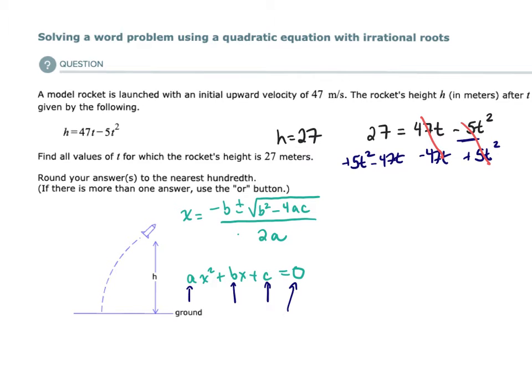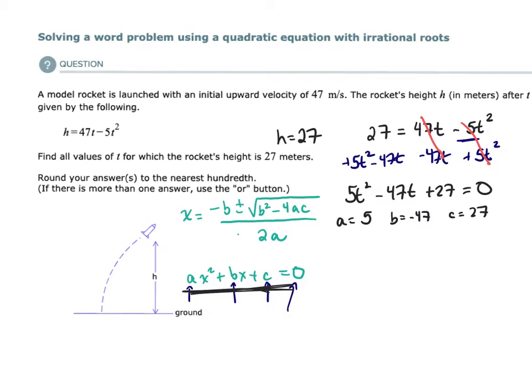What that gives me is positive 5t squared minus 47t plus 27 equals 0. So now it's in the form that we have down here: something squared, something to the first power, and a constant. So the a value is what's in front of the t squared, so that's 5. The b is what's in front of t, so that's negative 47. And the c is the constant, and that is 27.